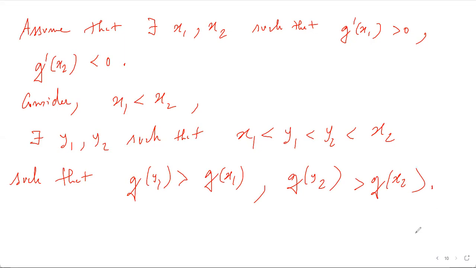Now if we look at the segment, closed and bounded, x1, x2. Since this is a closed and bounded set, it's a compact set. So a continuous function will achieve its maximum as well as minimum at some point.